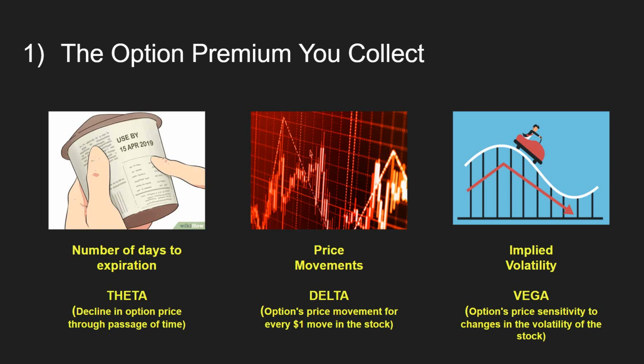Another example is Virgin Galactic, ticker symbol SPCE. At the time of recording, I think next week Richard Branson and his crew are going up on a live manned mission into space. There's a lot of hype around it, therefore the implied volatility is absolutely crazy for Virgin Galactic at the moment, and the premiums look really, really good.